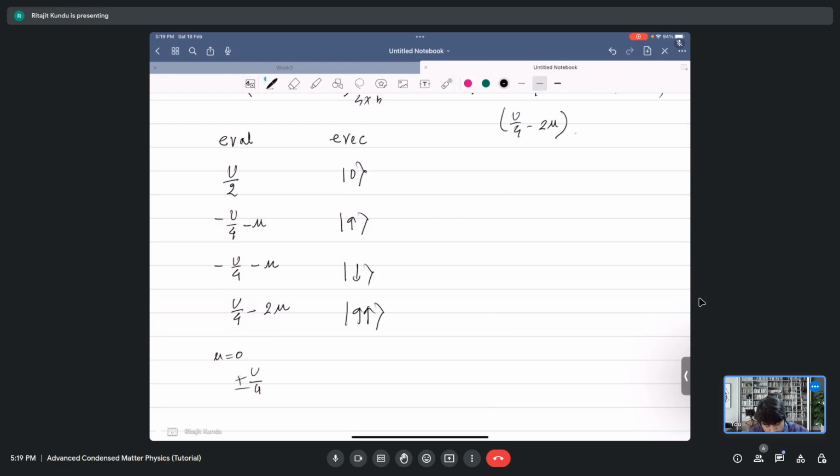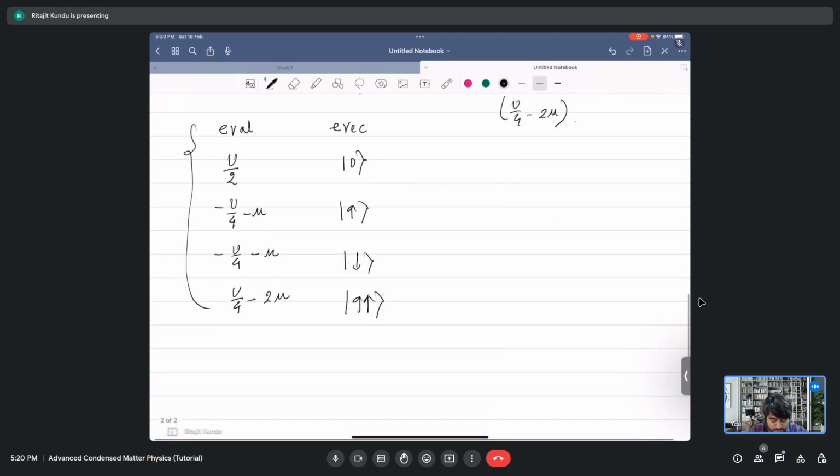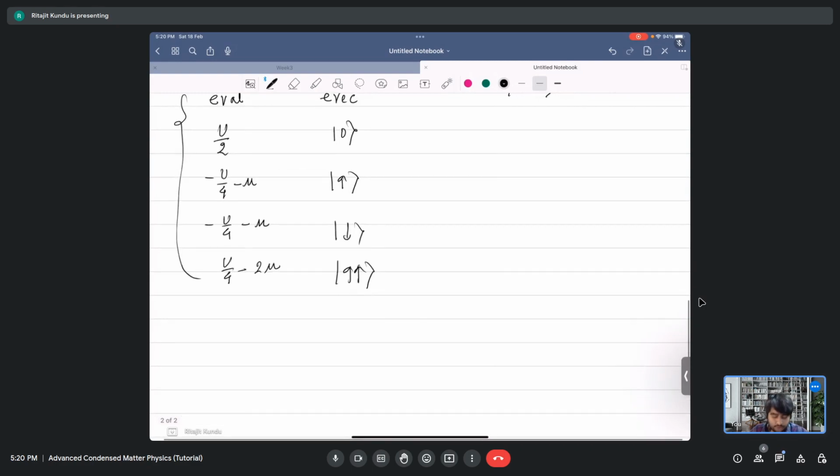This gives you all the information that you need to calculate any kind of observable, for example occupation or Green's function. So when you know that, you can calculate the partition function, which I'll be doing.